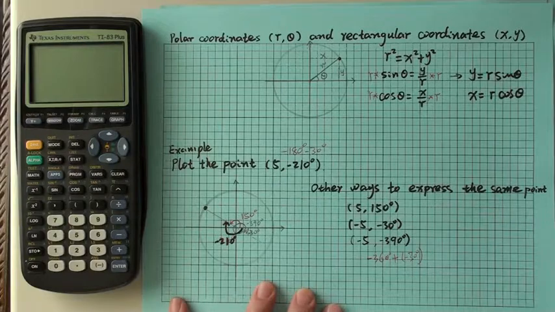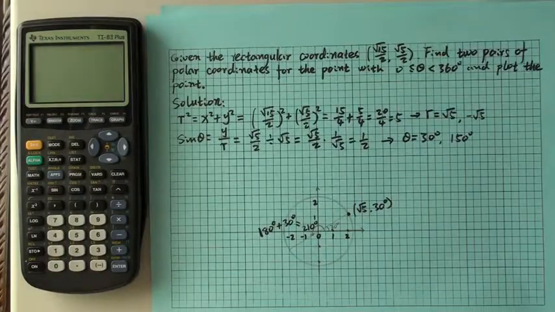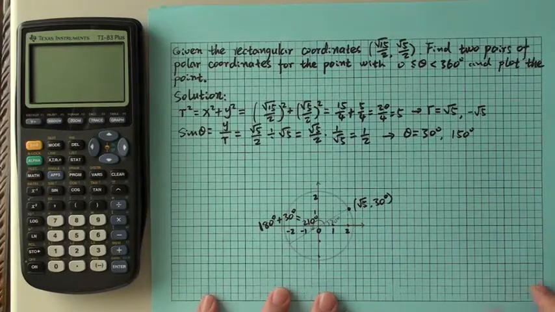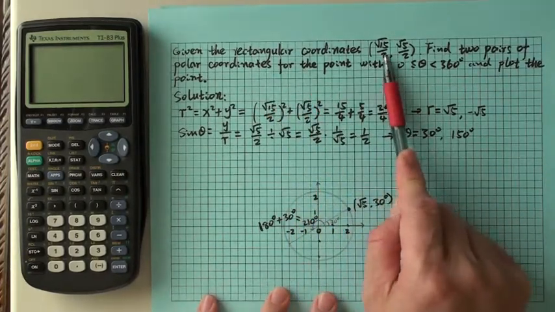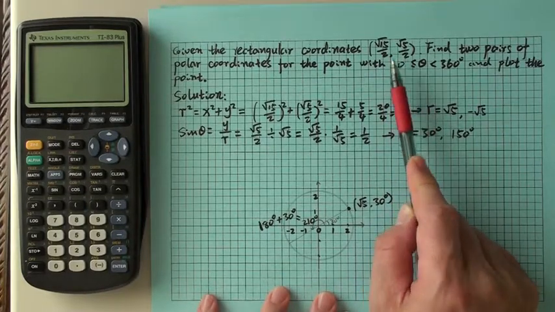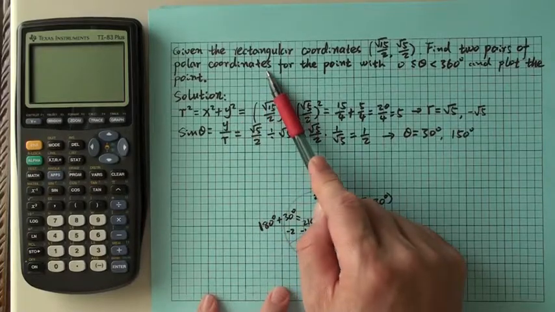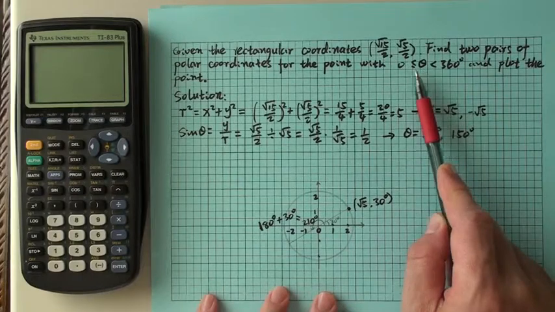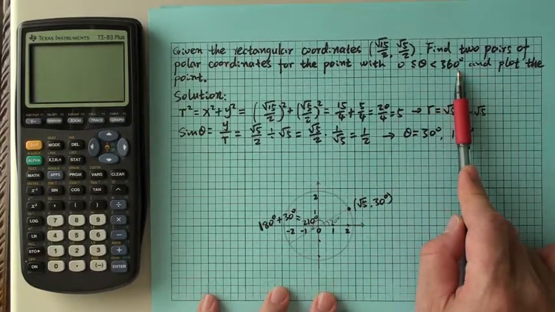That's the first example. Now, let's look at the second example. Given the rectangular coordinates, we want to find two pairs of polar coordinates for this point, with theta between 0 and 360 degrees.